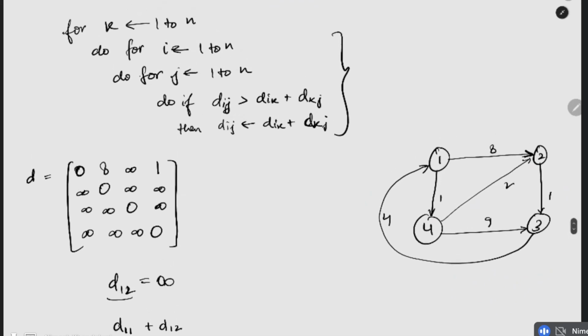And then for the same k in the next row, let's say hypothetically we were starting from 2, so we test for 3.